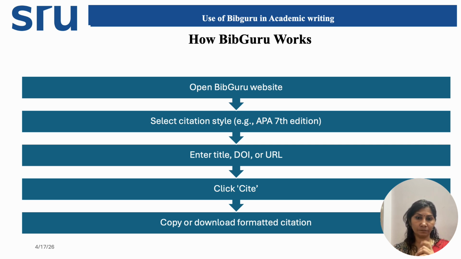Once you click on the cite button, the tool automatically generates the citation in the format you selected. You can then copy or download the citation and use it directly in your academic document.